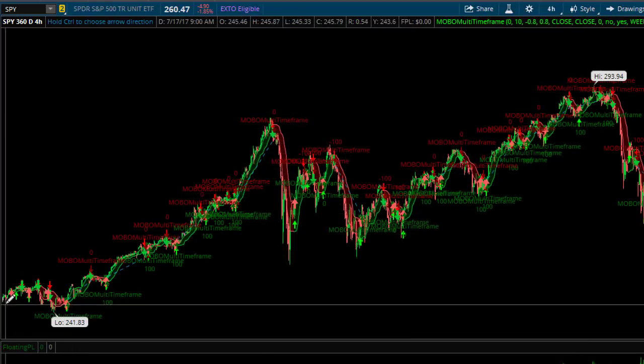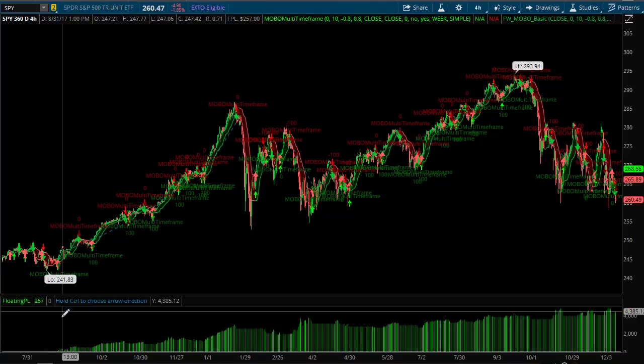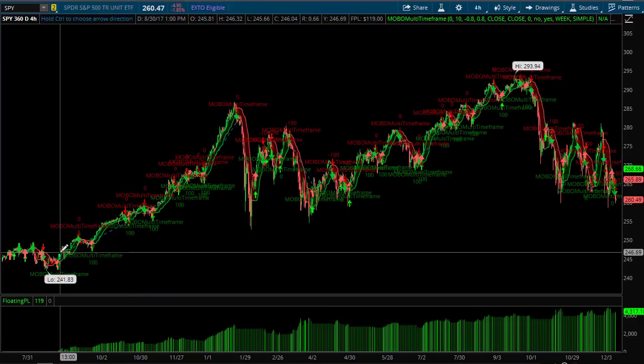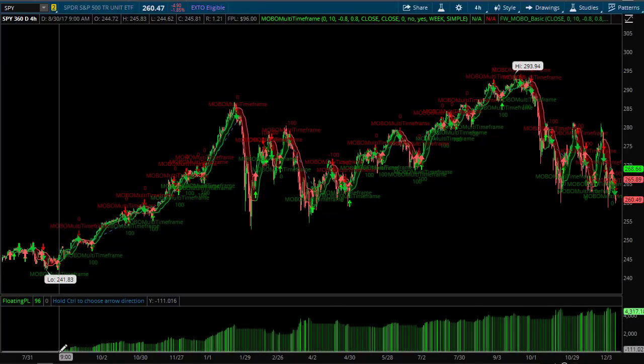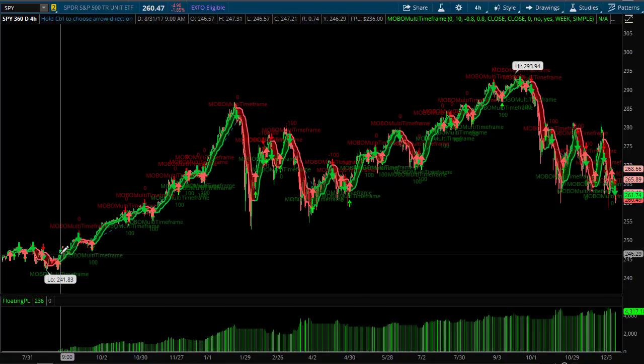So if we go back to when the first trade was initiated, which was right around this area, I think we said August 30th, the S&P was trading for about 245. So 245 is about $25,000 to buy 100 shares. You think about that for a second.